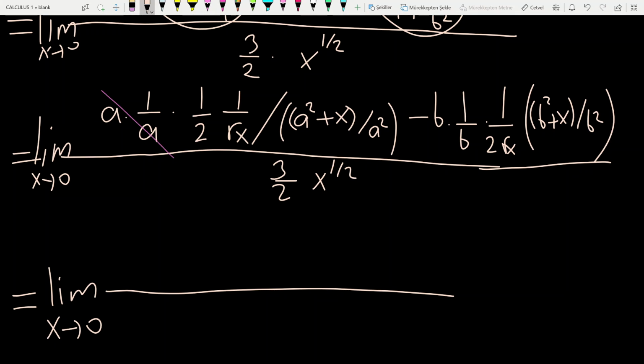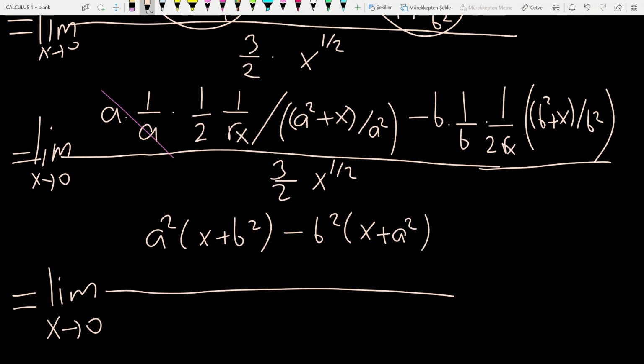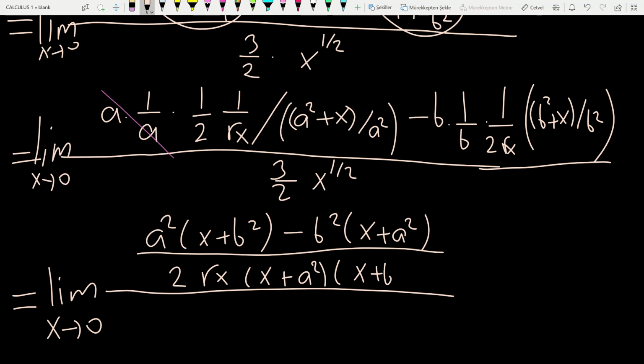If you rearrange all these expressions, you have the parentheses of a square, x plus b square, minus b square, x plus a square. Of course, you make the denominators equal to each other. 2 square root of x, x plus a square, x plus b square. 2 over 3, we have the same thing here, square root of x.